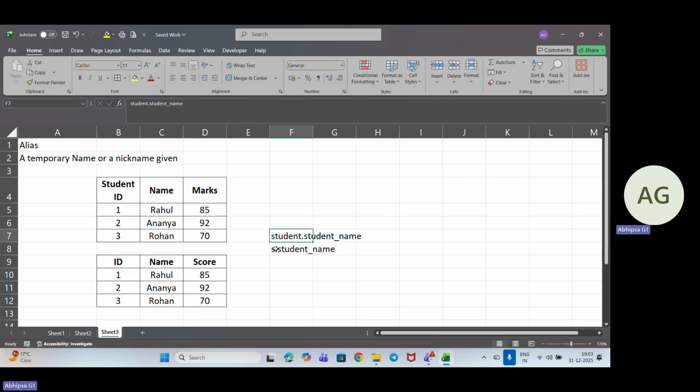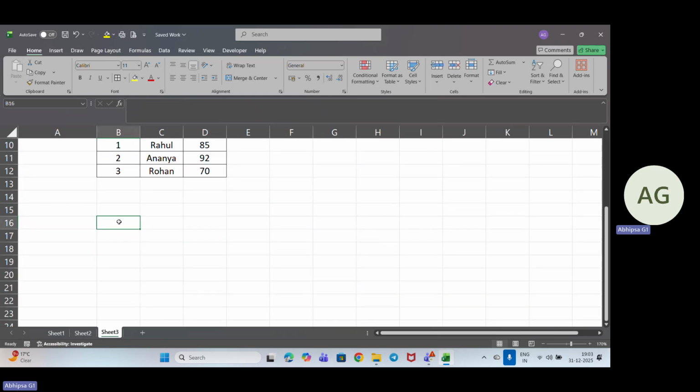So if we are using an alias with a join, suppose I have a table with columns ID and name. The table would be student, and here I am giving the ID as 1 and 2, and the names as Rahul, Ananya.